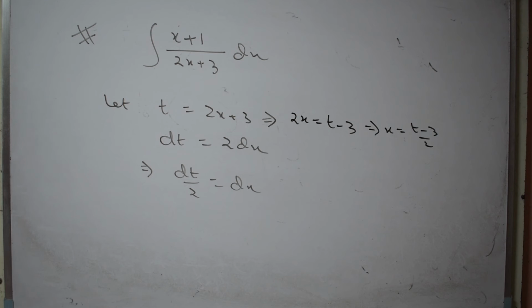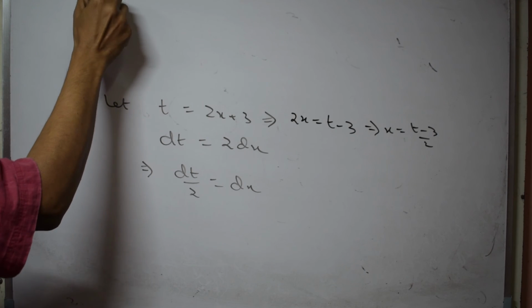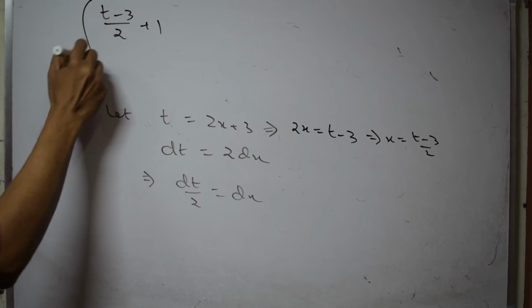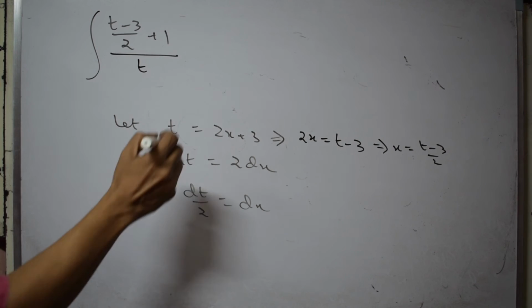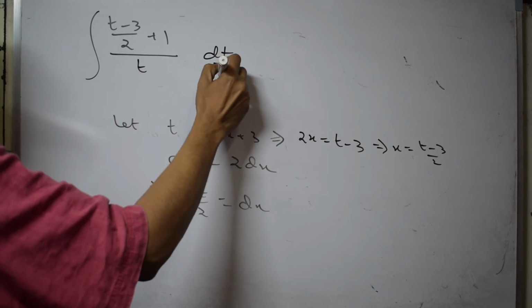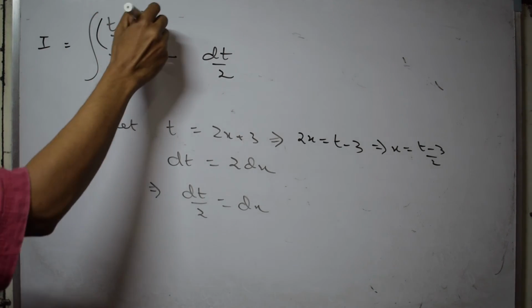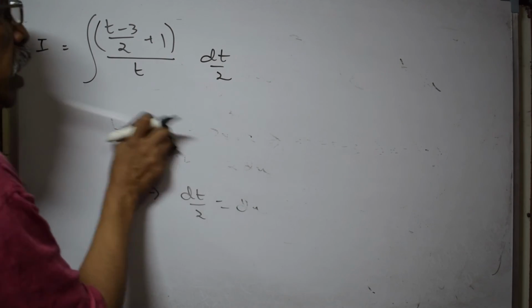We write (t minus 3) by 2 plus 1, that is x plus 1, in the integration portion, divided by t, which we have assumed, and dt by 2, that is the dx portion. This is the integral.